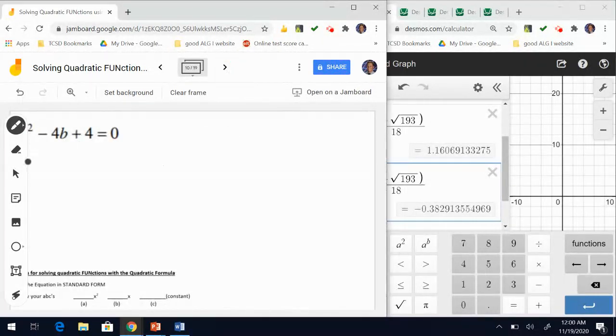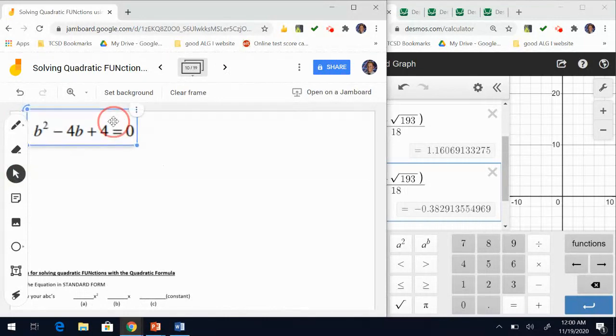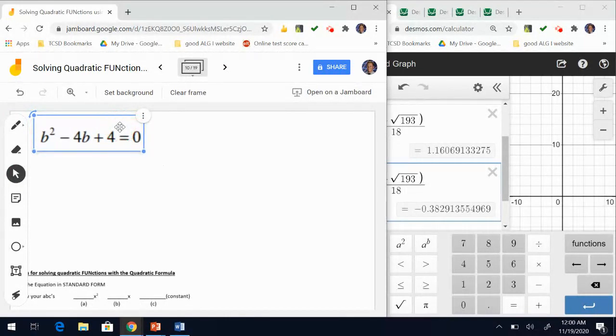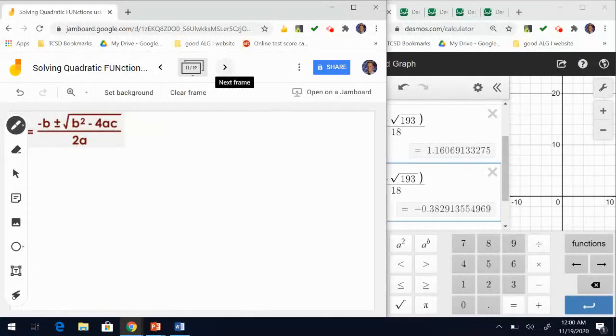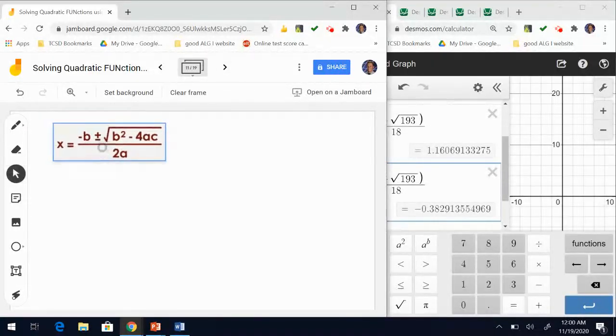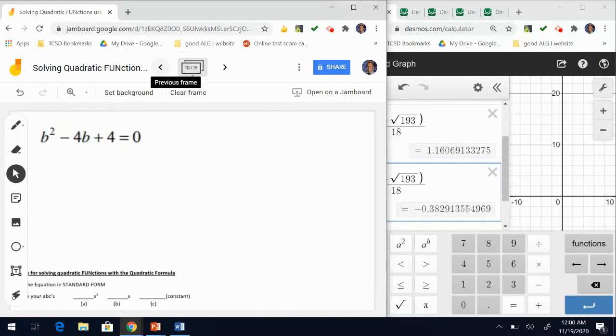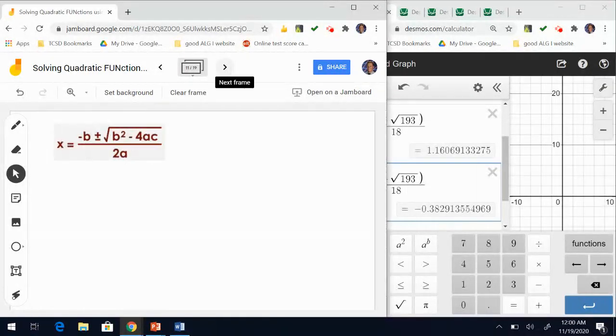How about this problem? We have b squared minus 4b plus 4. So what do I have to do? Put it in standard form. Hey, guess what? I picked one that was already in standard form. So my a value is 1b squared, so it's 1.